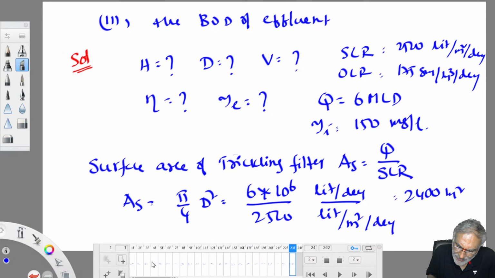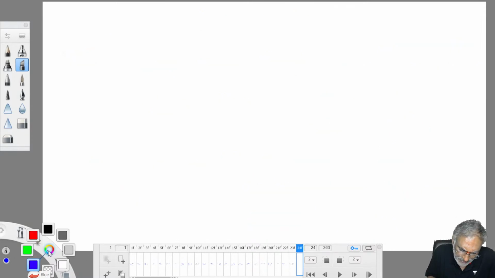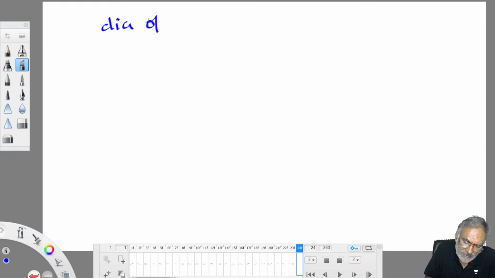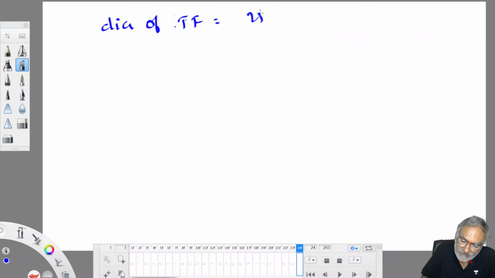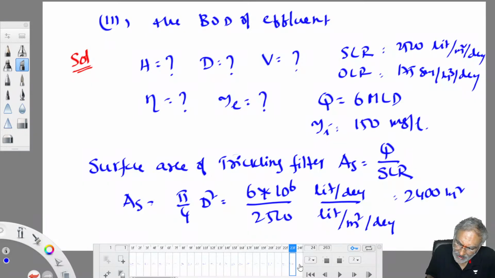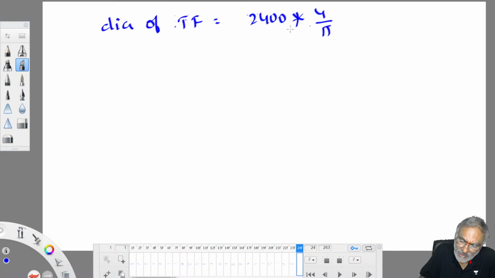So from this you can find out diameter of trickling filter. Diameter of TF, I can write. To find out diameter, it is root of 2400 into 4 by pi. That's it.